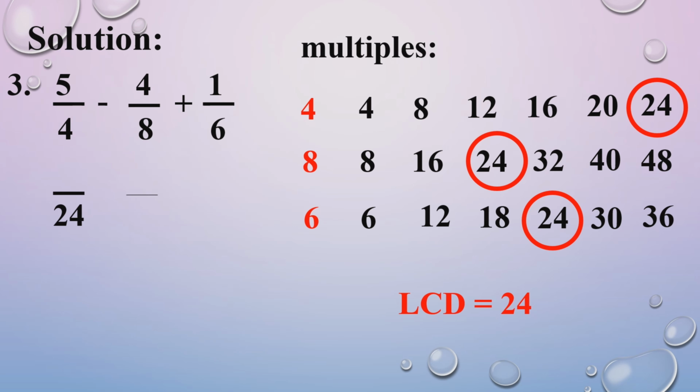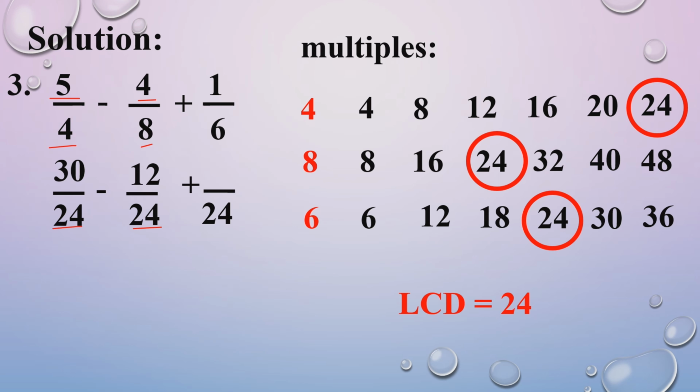Let us use that as our denominator. And then let us divide. That is 24 divided by 4. The answer is 6 times 5. That is 30. Minus 24 divided by 8. That is 3 times 4, 12.